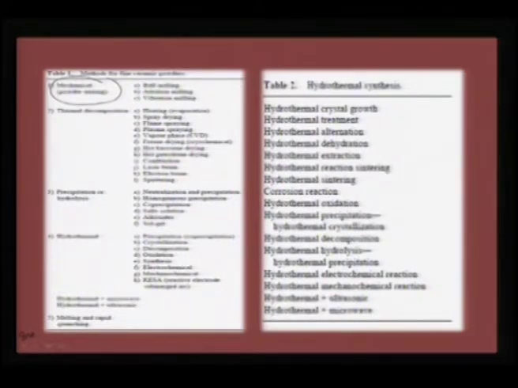And then come the chemistry routes, a long list of them, where precipitation or thermal decomposition of different natures can help in making materials. And as you would see here, hydrothermal itself now transcends to be an area of research because of the facile nature by which we can modulate the synthesis.